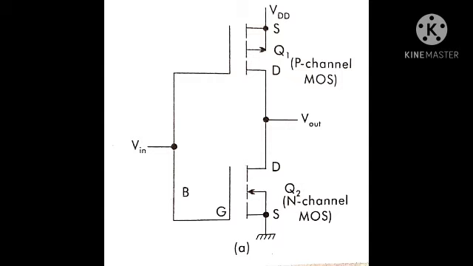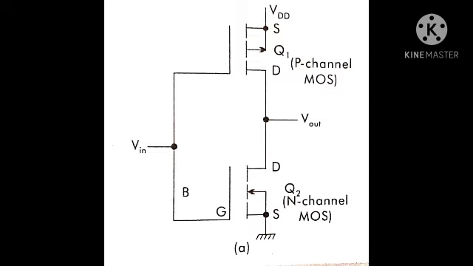As you know, if the input voltage is less than the threshold voltage for the NMOS, then obviously the NMOS, which is transistor Q2, will be in the off state. However, the transistor Q1 will be in the on state.